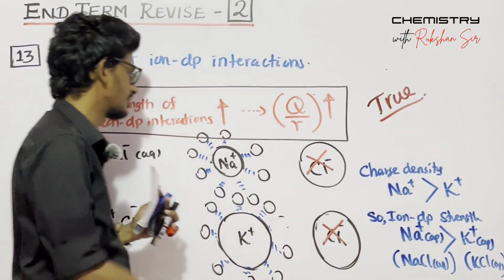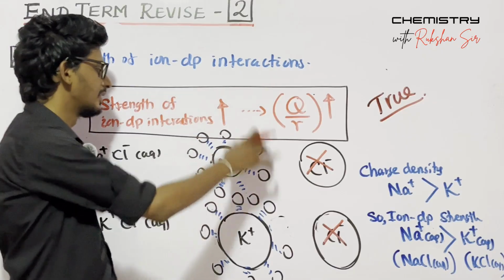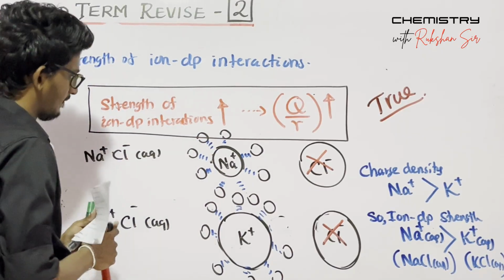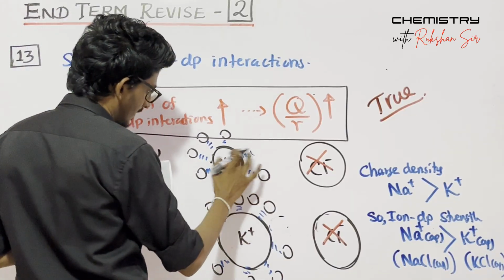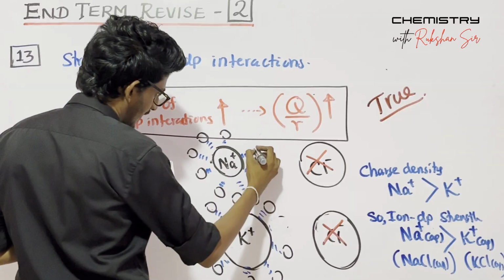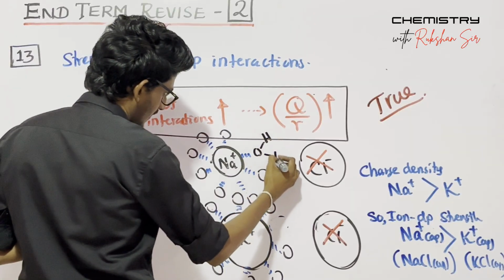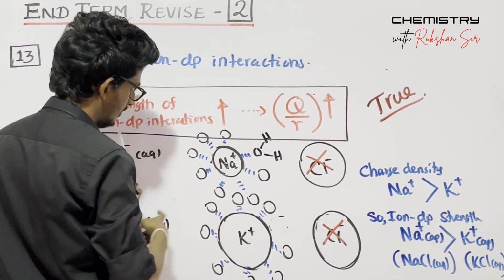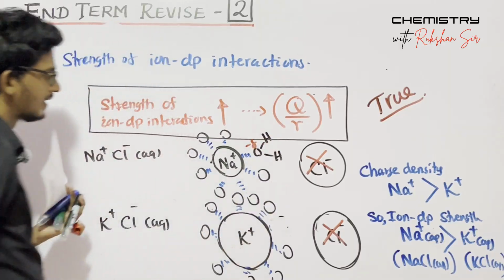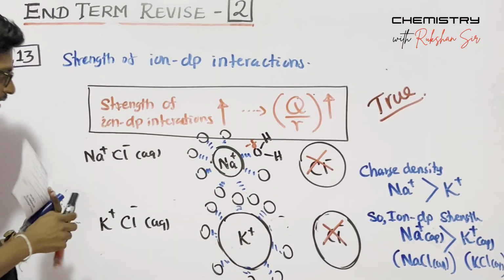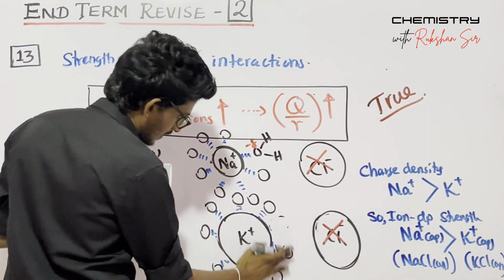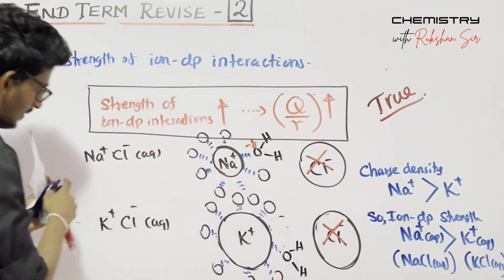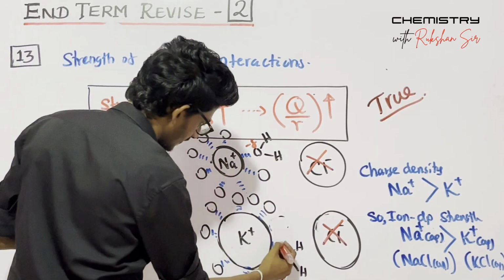The thing is, ion dipole interaction strength depends on the charge density of the ion. Now here, what will attract to the positive ions via its negative delta terminal, right? You know the stuff, no? Remember? What will attract using its negative delta terminal towards the cations?